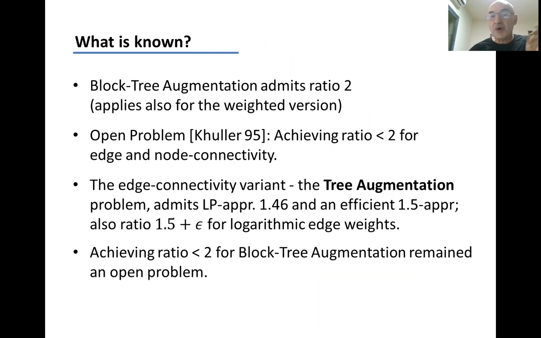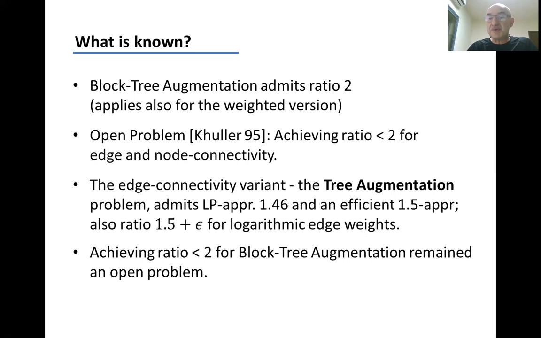So what do we know about this problem, the block tree augmentation problem? The problem admits approximation ratio 2, and this can be achieved by several techniques. For example, either by primal dual method or by iterative rounding. And there are also other techniques to achieve approximation ratio 2.